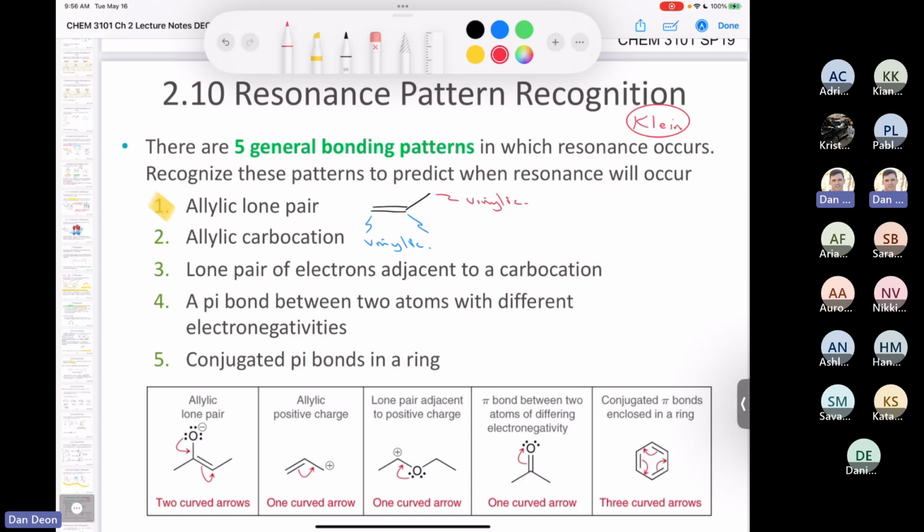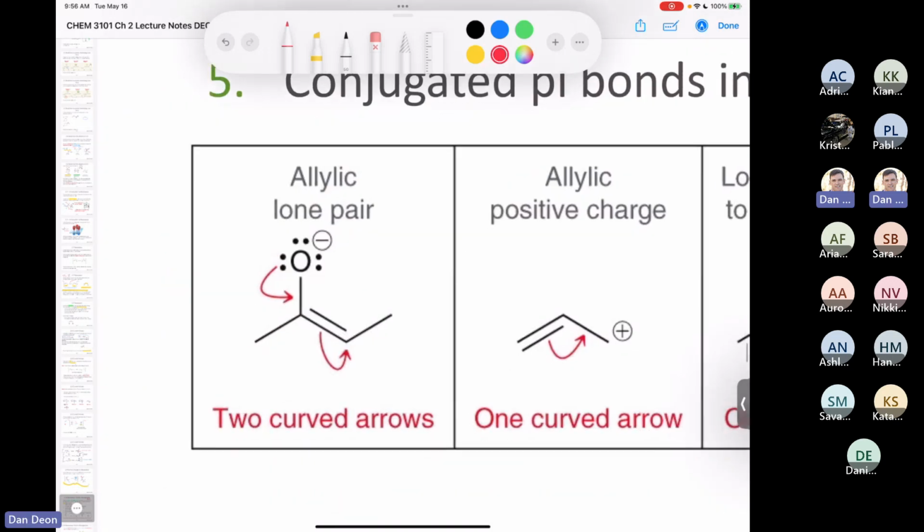Did I say vinylic when I meant allylic? Jeepers, I think I need more coffee. So one atom away from the vinylic carbon, we call that an allylic carbon. So an allylic lone pair is one where you can see that here we have a double bond, and one atom away on the oxygen, we have lone pairs. So that's an allylic lone pair.